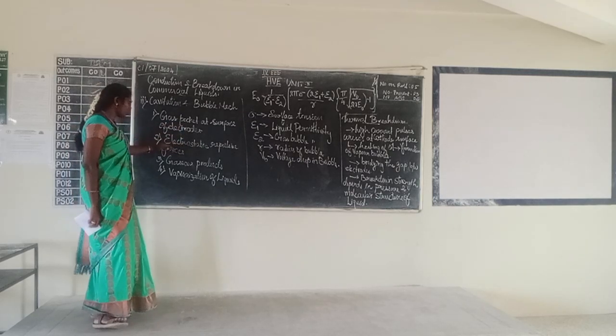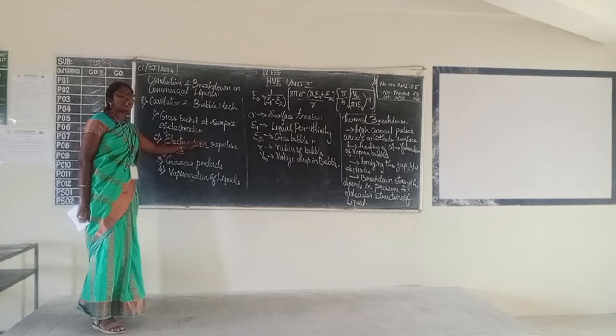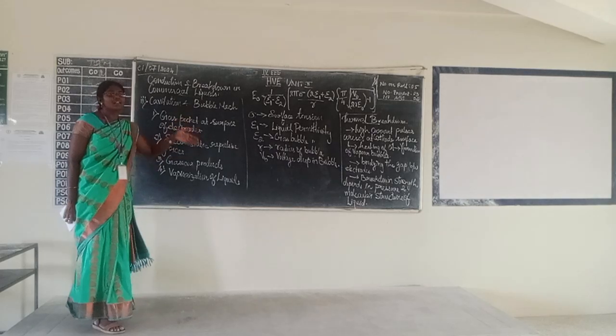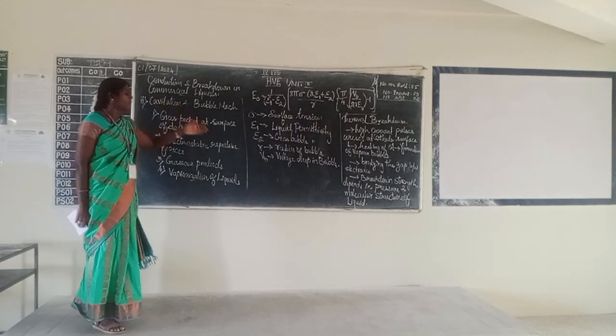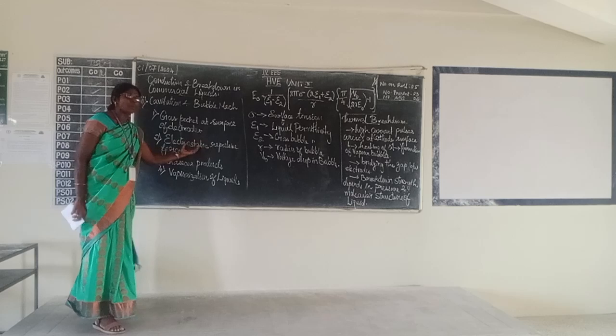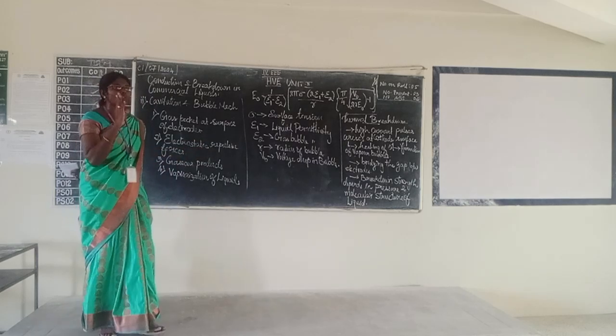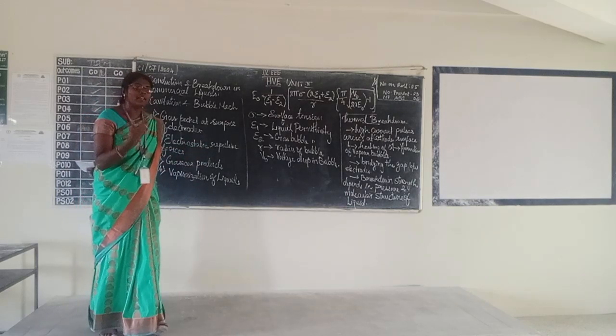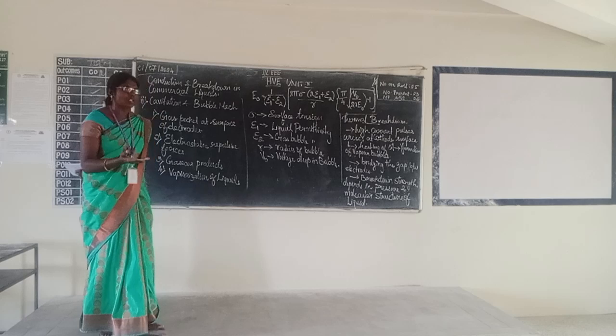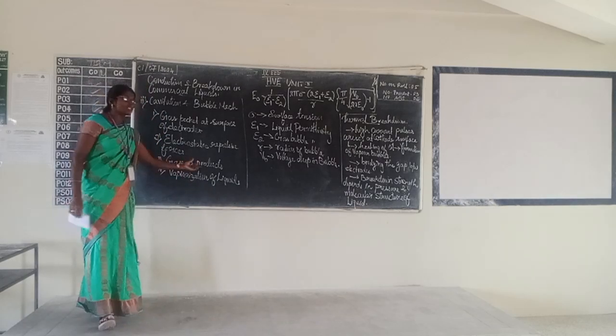The second reason is the electrostatic repulsive forces at the surfaces. Due to the electrostatic repulsive forces at the surface of the electrodes, vapor forms on the surface. The third reason is gaseous products.